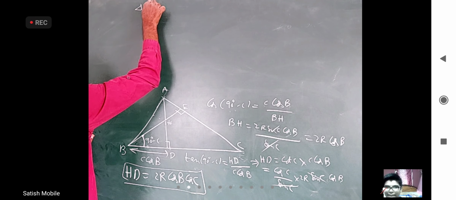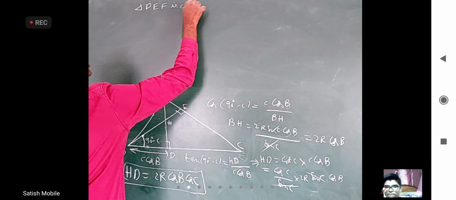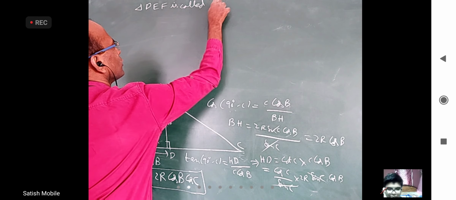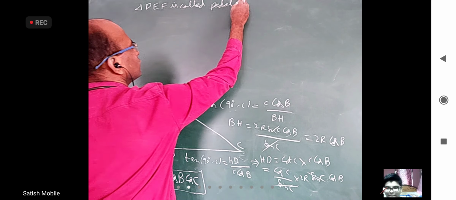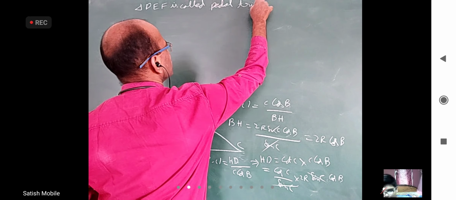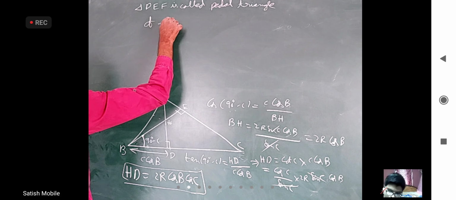Triangle DEF is called the pedal triangle of triangle ABC.